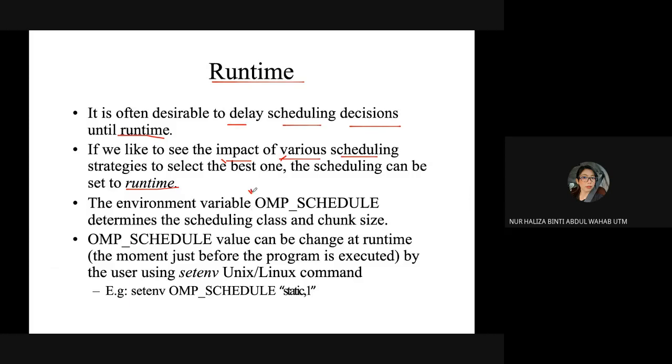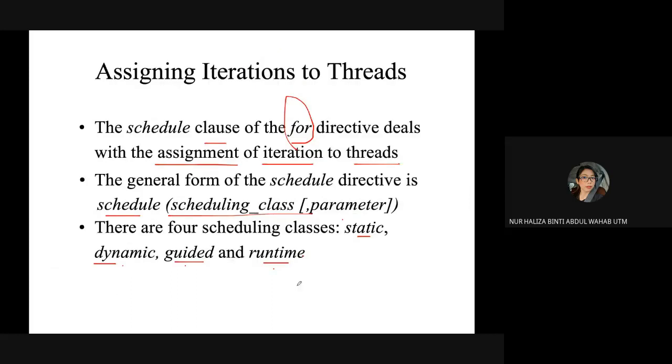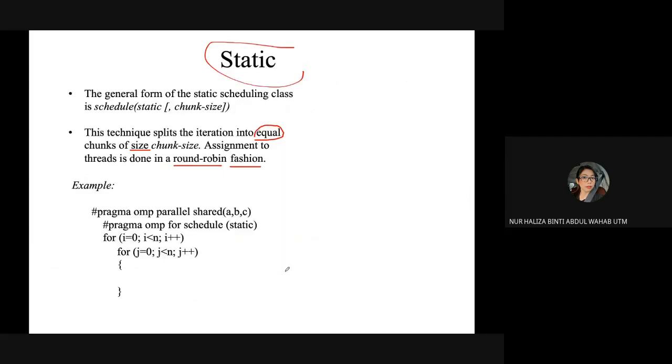Normally you're going to use the variables of your schedule in terms of runtime classes. You can see over here you can use the schedule instead of your static. This one is your static one. So there are only 4 scheduling classes that you can group: static, dynamic, guided, and also runtime.